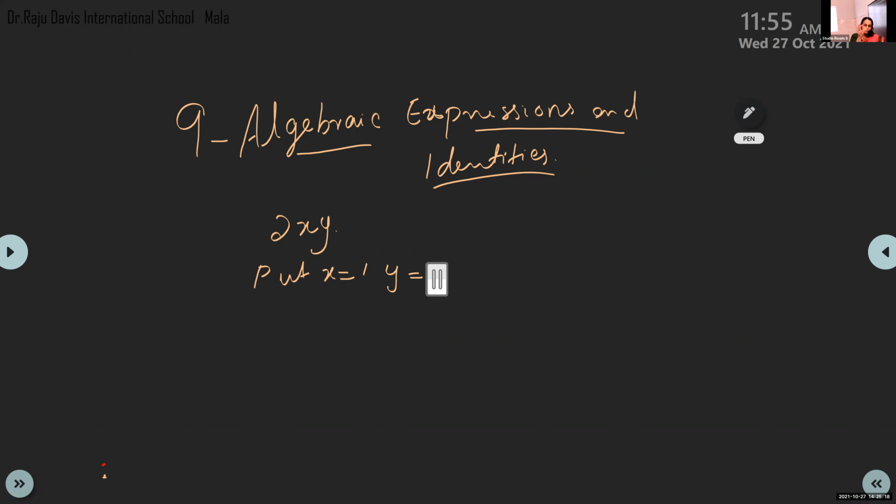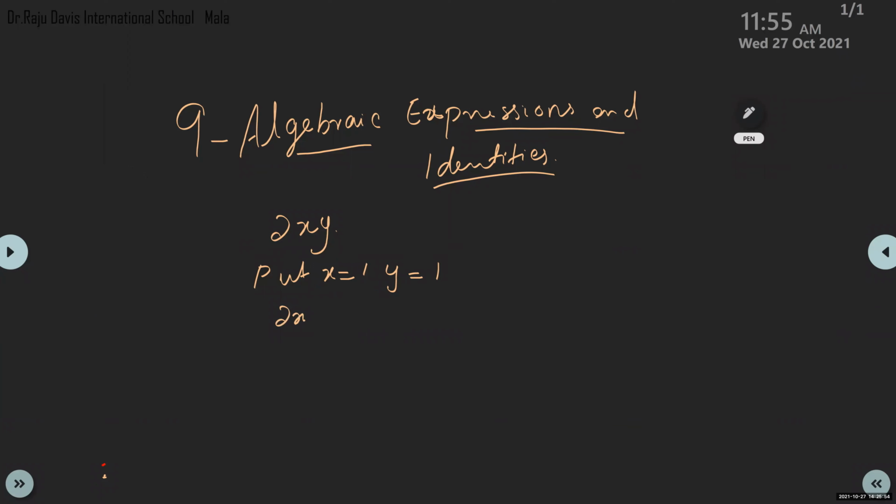Variable means a quantity that will vary. So in 2xy, x and y are variables. x and y can take different values. The value of x and y can vary from negative infinity to positive infinity. It can take all real numbers. And 2 is a constant, which means its value does not change. 2 is always 2.